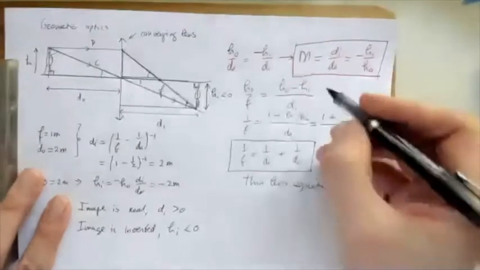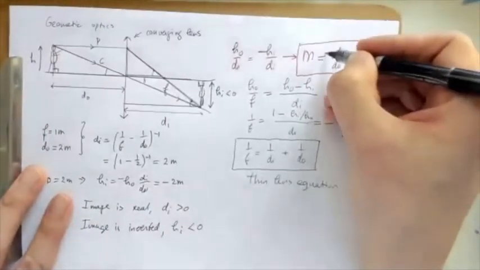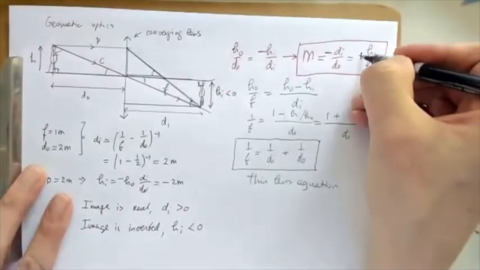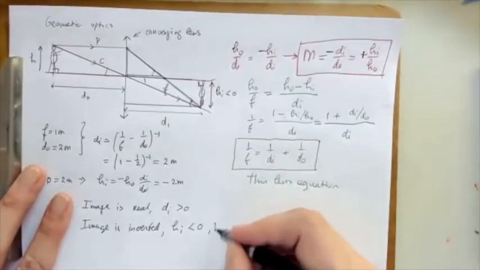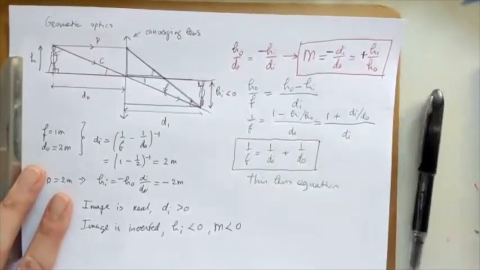And I think I put the minus sign here on the wrong side. I do apologize. This is supposed to be here. So it's actually m is less than 0.